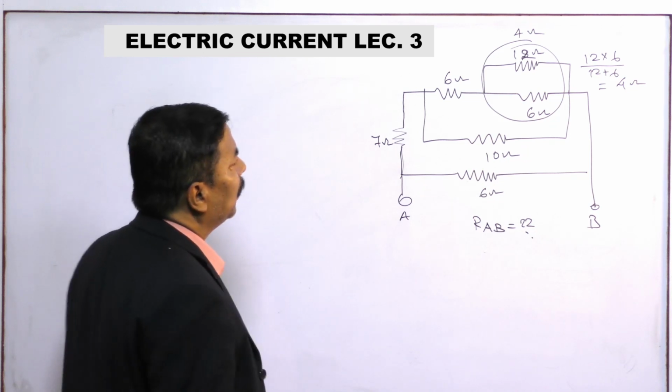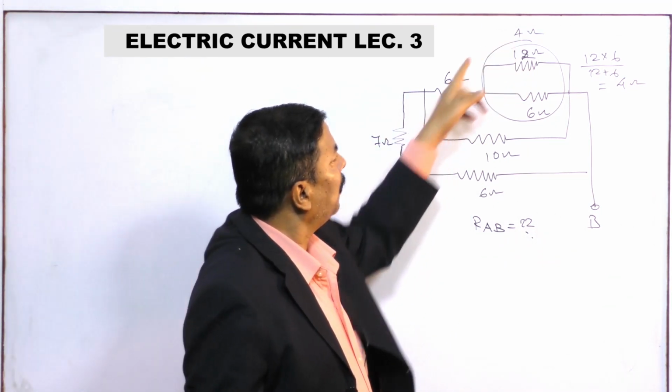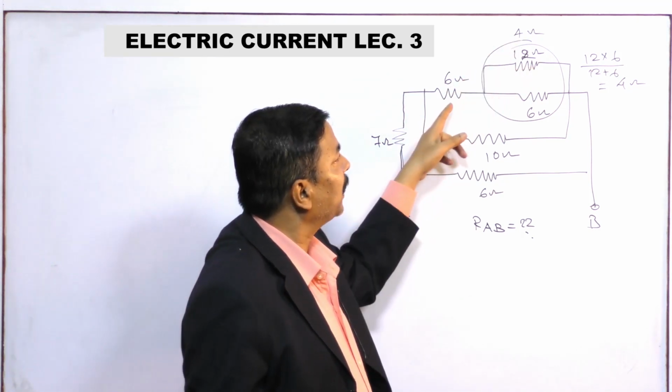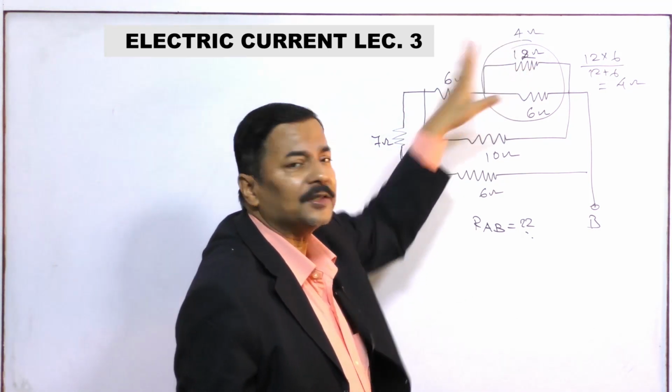So what are we getting? 4 ohm and 6 ohm in series. So when 4 ohm and 6 ohm are in series, the result is 10 ohm.